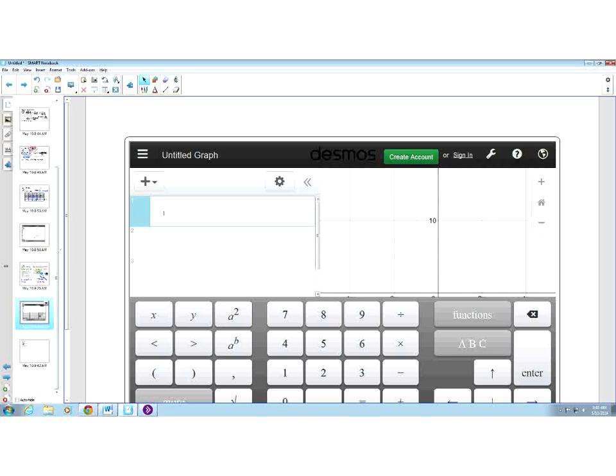So our first graph will be y is equal to cosine x. And it's drawing a straight line, which it should not be doing.